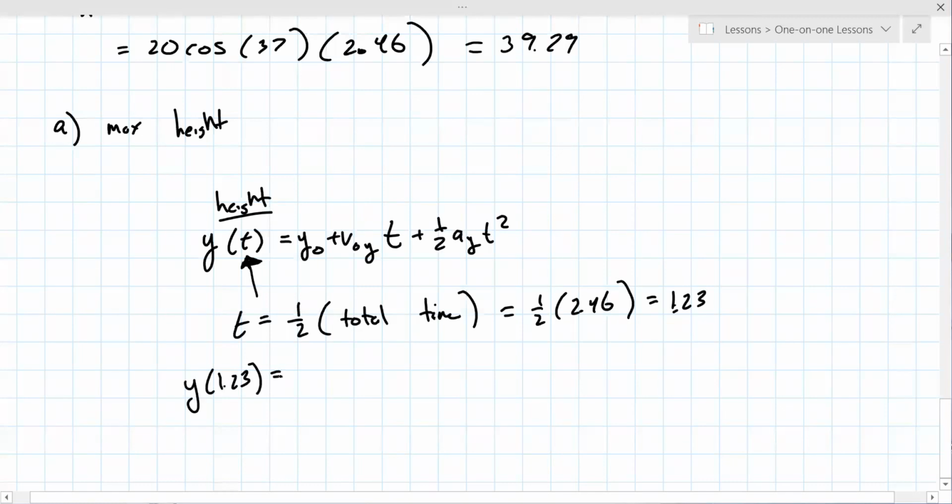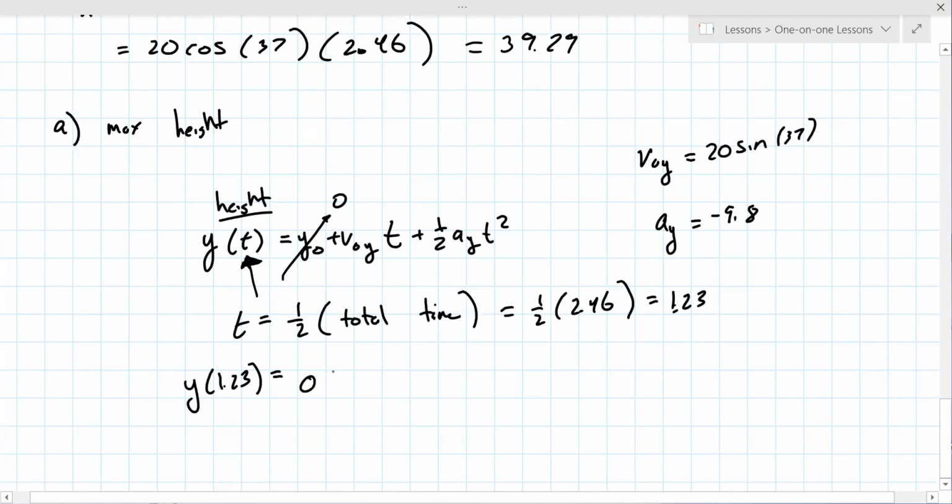But let's do a little bit of cleanup here. y0 is 0. We know that the acceleration in the y direction is minus 9.8. We know that the velocity in the y direction is 20 sine 37. So all of a sudden, the equation looks a whole lot better.